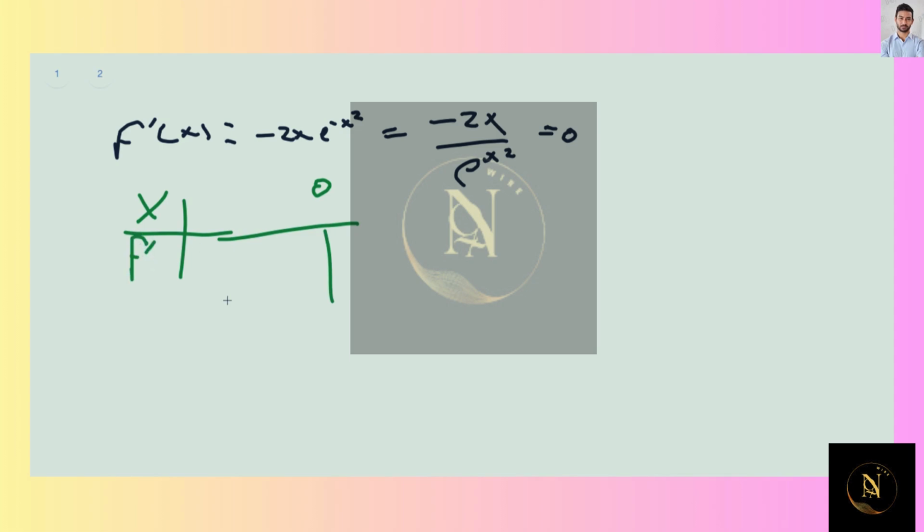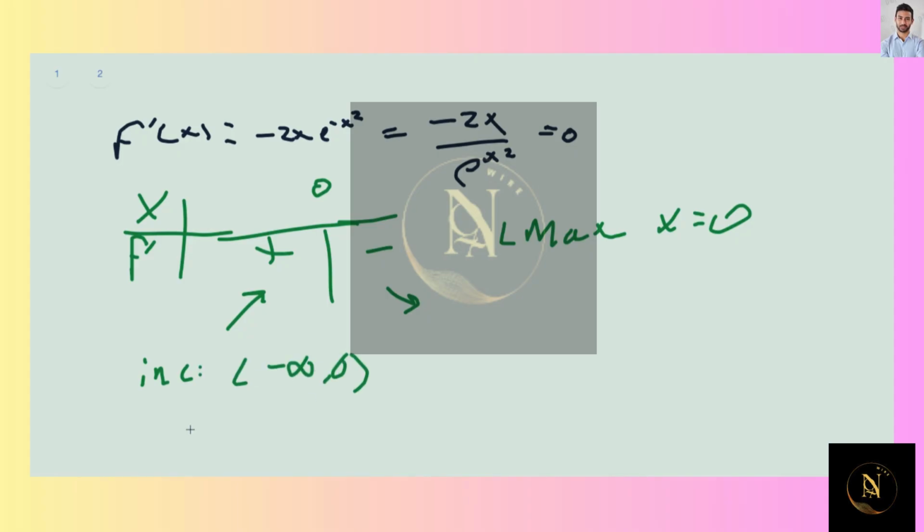If you plug in numbers less than 0, you get positive numbers, and greater than 0, you get negative numbers. So we have a local max occurring at x equals 0. It is increasing from negative infinity to 0, and decreasing from 0 to infinity.